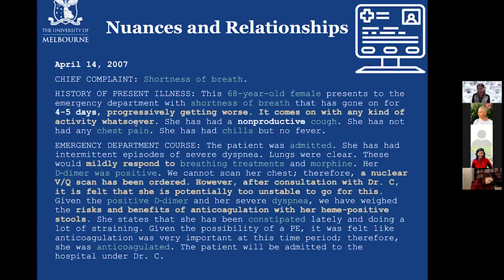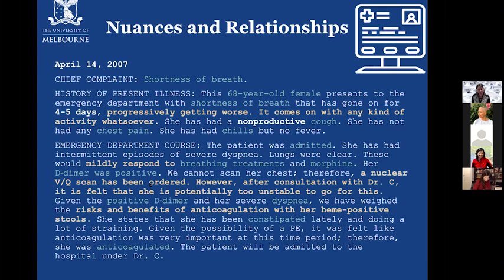Again, this is nuance, but it is extremely important information because it's different when a patient has an acute symptom as opposed to something which is sort of gradually worsening. A cough being non-productive rather than productive is again important clinical information.